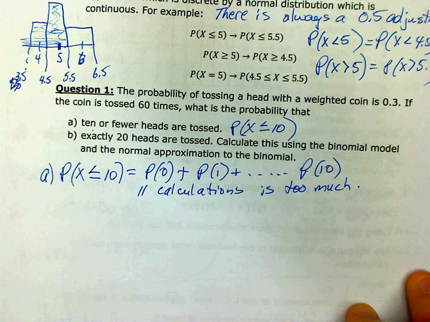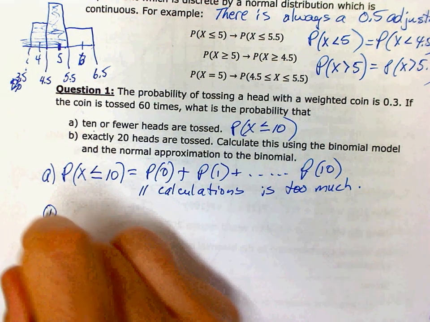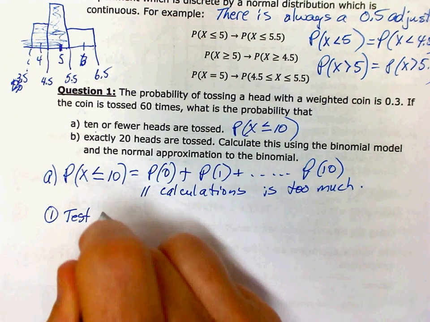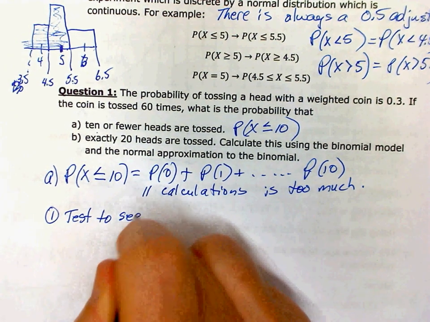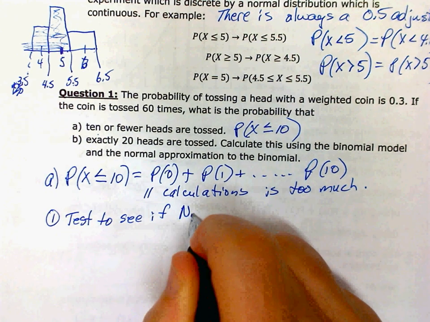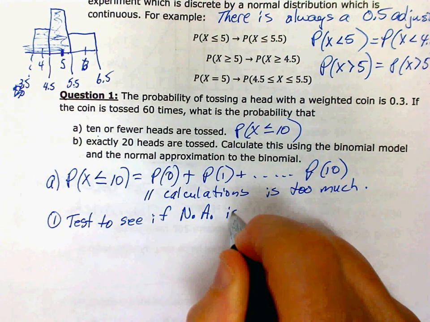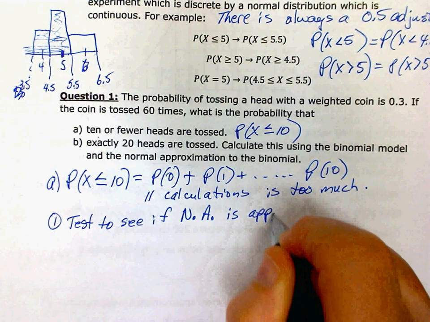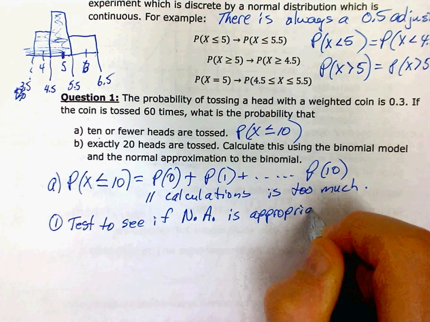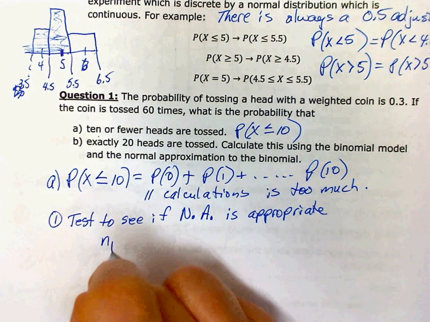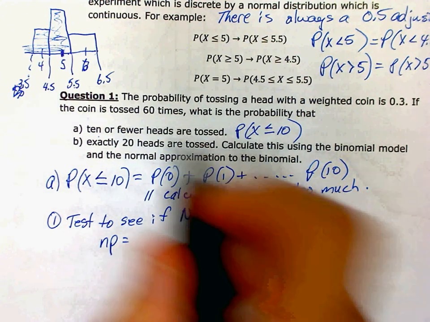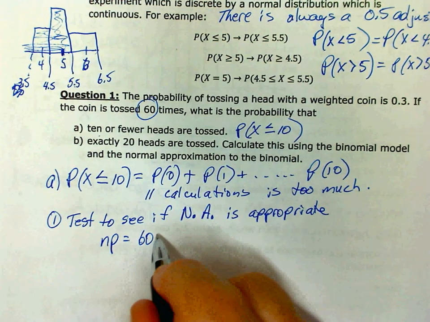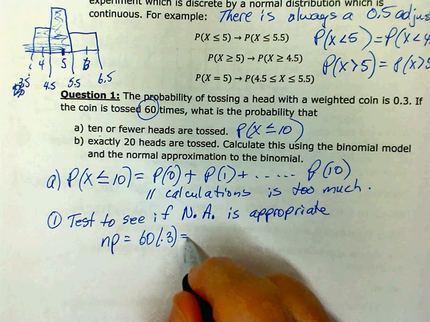So let's test to see if normal approximation is appropriate. So we go NP equals, well, N is 60 times 0.3 equals 18.